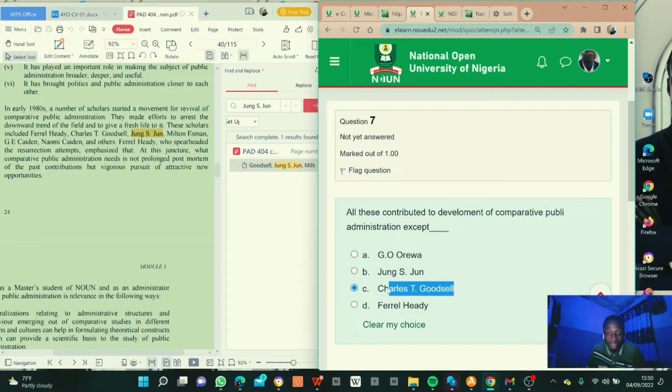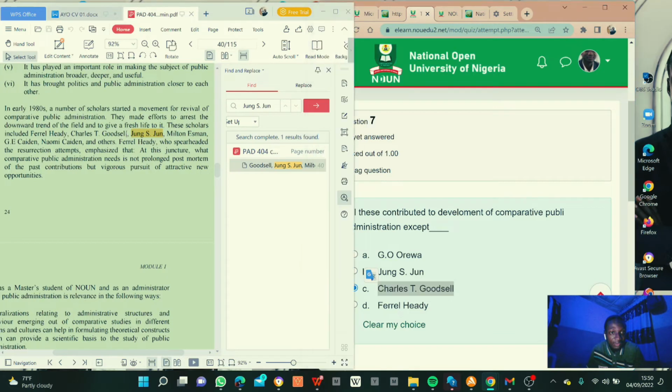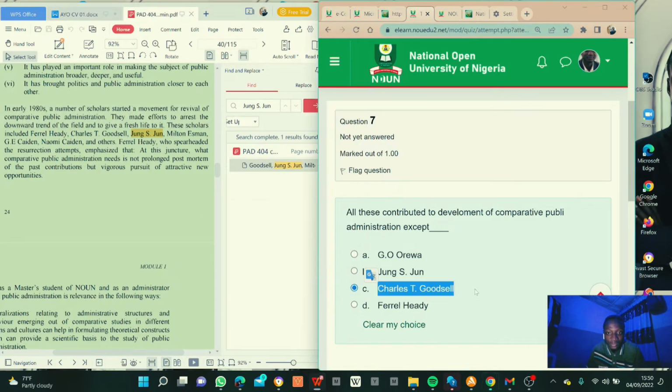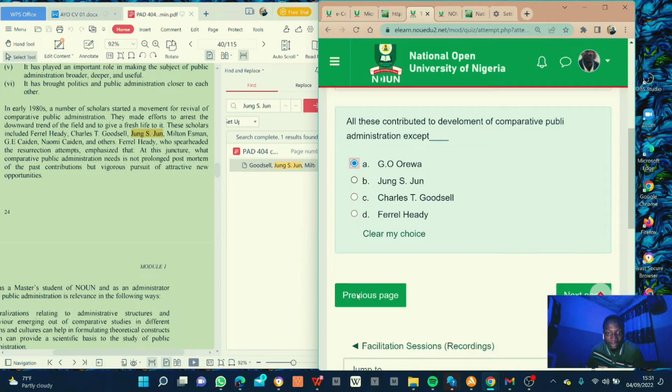Charles T. Goodsell, we have Charles T. Goodsell here. So the only name that we don't have here is G. O. Orewa. So that will be the answer. We'll move to the next page.